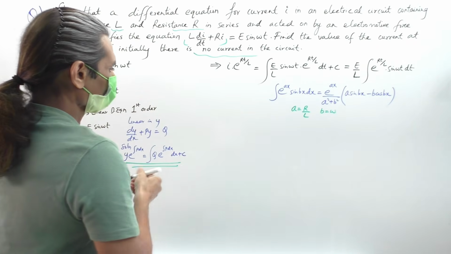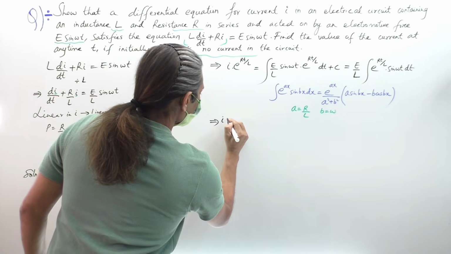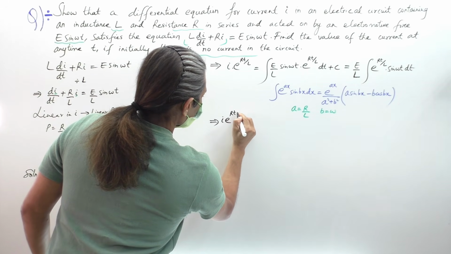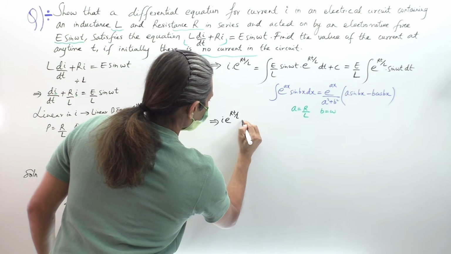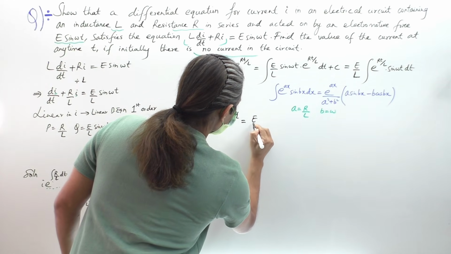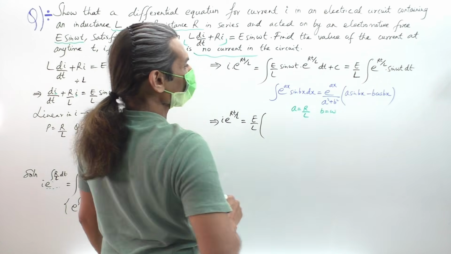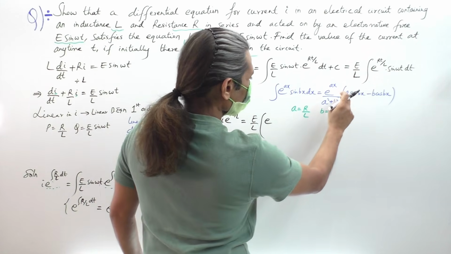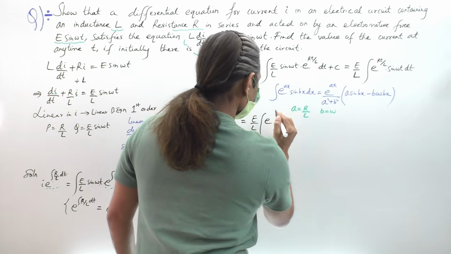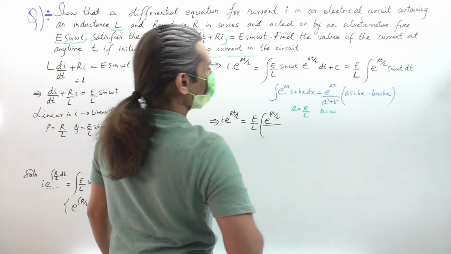That implies I into e raised to rt whole divided by L equals E by L outside, into, when I integrate this, what do I get? e raised to ax as it is, rt whole divided by L, upon a square plus b square.